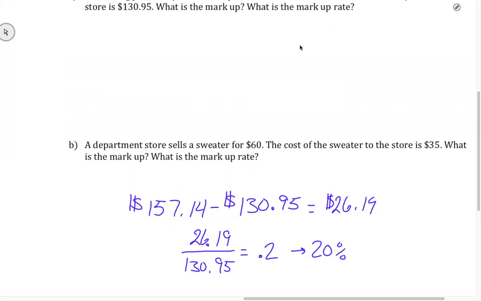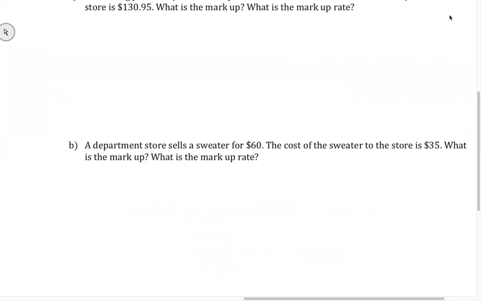Let me scroll down. Now it says a department store sells a sweater for $60 and the cost of the sweater to the store is $35. So I do 60 minus 35 and I'm going to get a solid $25. And from here it says, what is the markup? So this is the markup. And now it says, what is the markup rate?